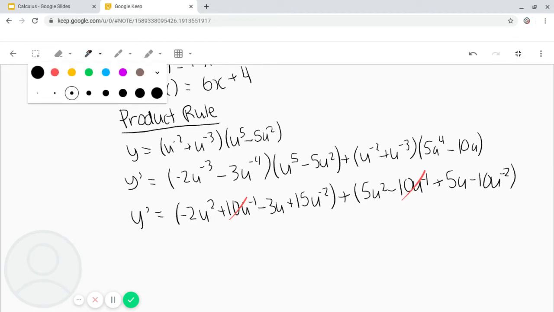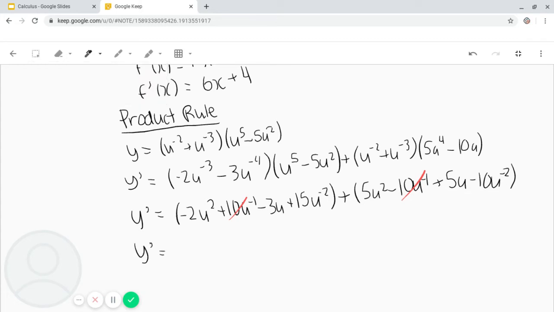And then we can just add like terms. And that will be equal to 3u squared plus 2u plus 5u to the negative 2.